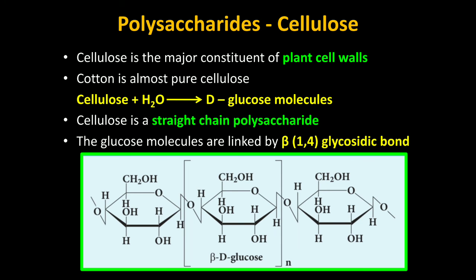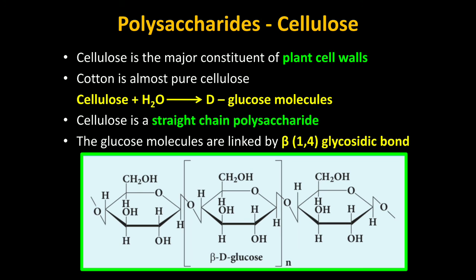Next, we are going to see another polysaccharide, cellulose. Cellulose is the major constituent of plant cell walls. Cotton is almost pure cellulose. On hydrolysis, cellulose yields D-glucose molecules.